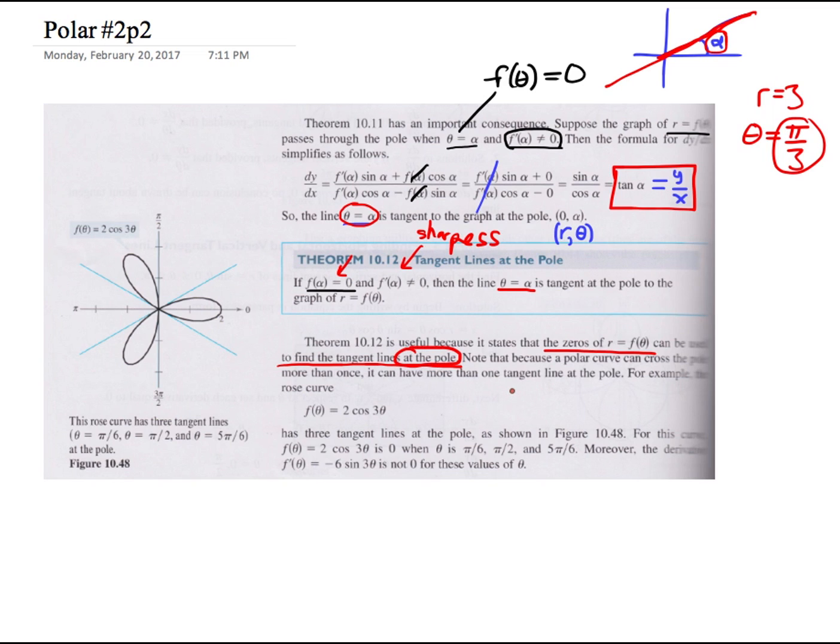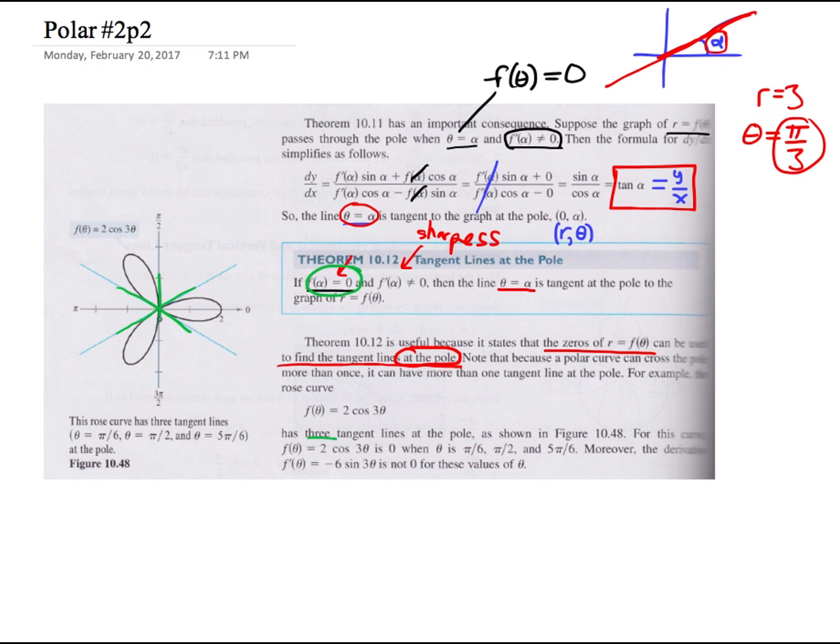So that's really nice. A polar curve like this rose curve over here, 2 cosine of 3 theta, you can see has a few different tangent lines at the pole. It's clearly got this tangent line and also this tangent line. So how do you use this theorem to help you? Well, you say, if that's true, then that's going to be true. So you can see down here that in fact there are 3 tangent lines to the pole.